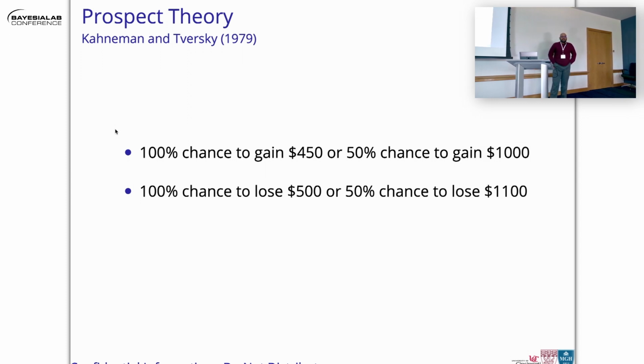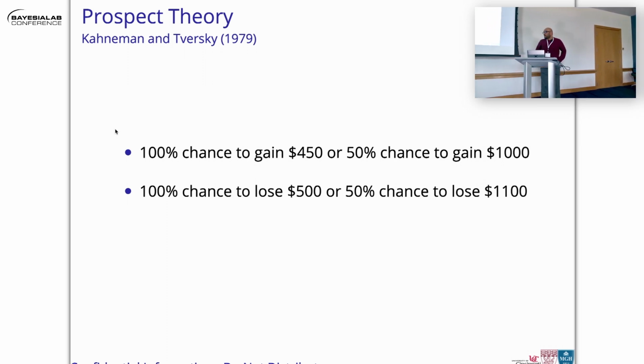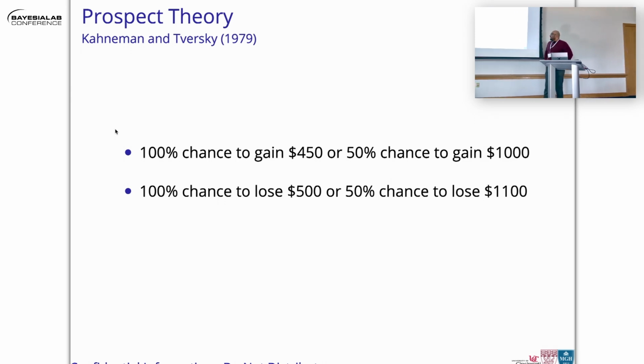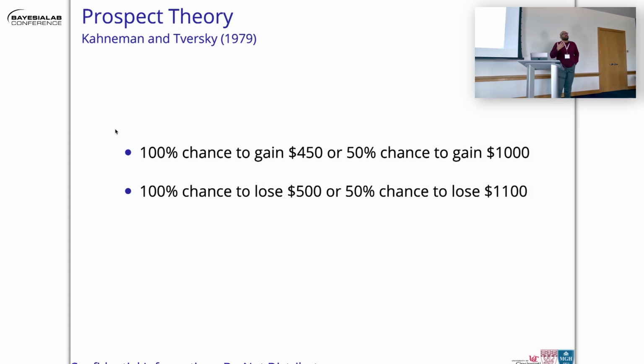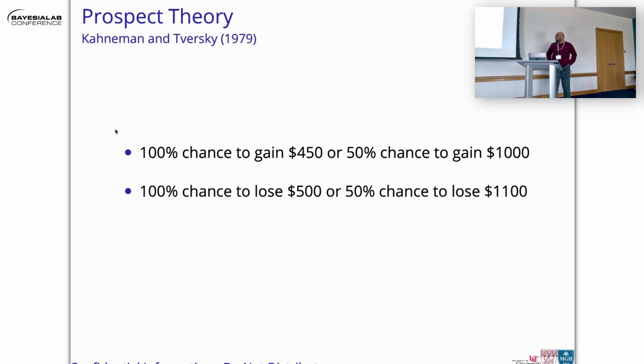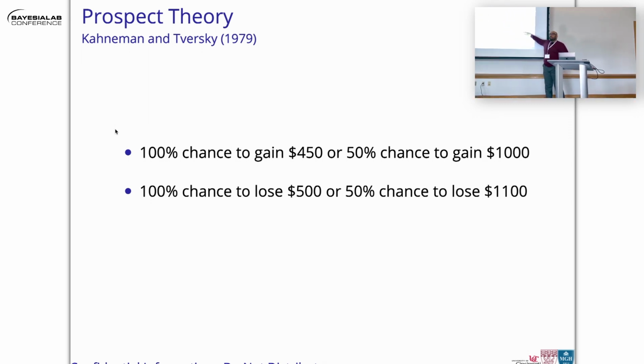But despite this, we notice through experimental conditions, first noticed by Kahneman and Tversky, that people are more likely to choose the first option instead of the second option. And the same is true for the second scenario that you're presented with. So when you are presented with the choice of losing $500 versus a 50% chance of losing $1,100, meaning that your expected loss is $550 here, which is more than the first option, yet you choose the second option.